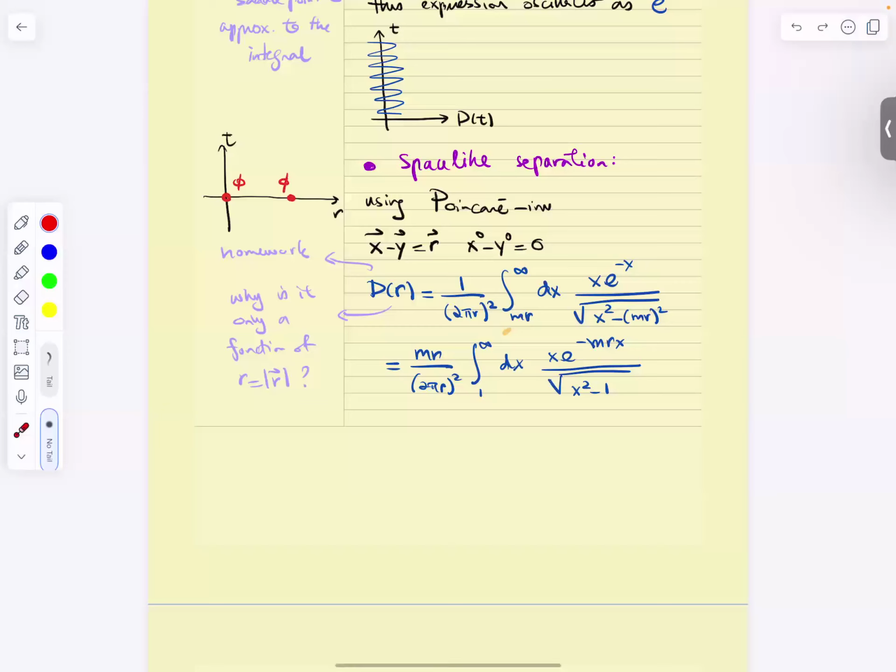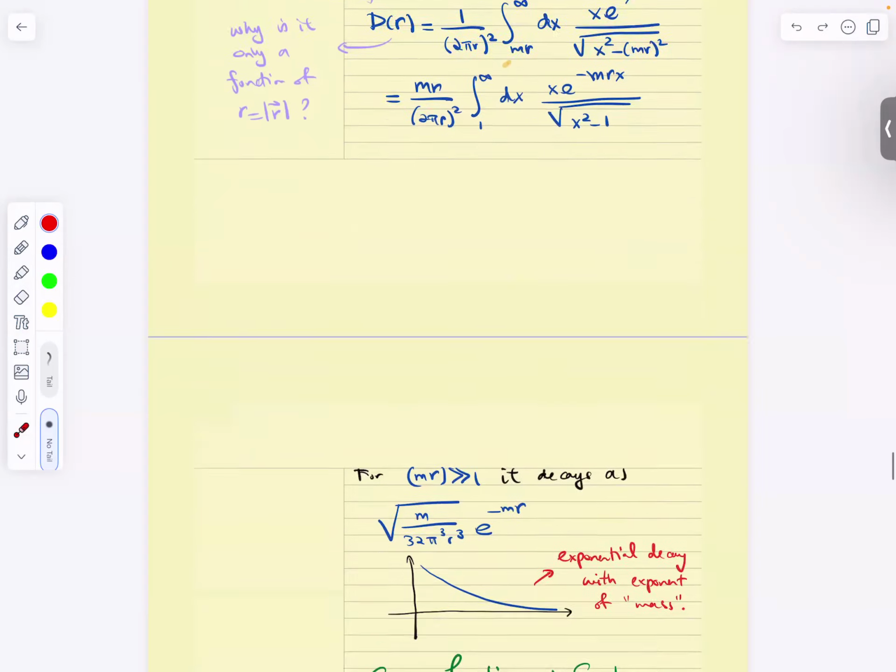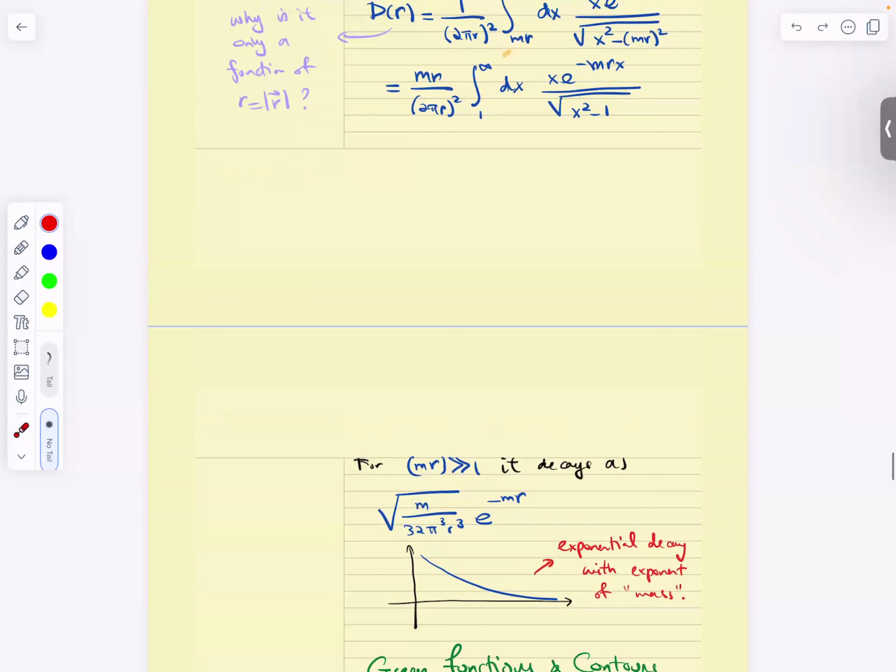All right, so here's what your integral becomes. In this case, you know how to do the calculation, so I'm not going to bug you with that. And then also a homework problem: after a change of variables, you could write it this way, an integral from 1 to infinity, dx, this thing. I trust you guys can do it.